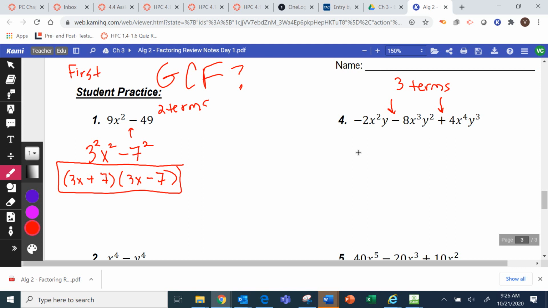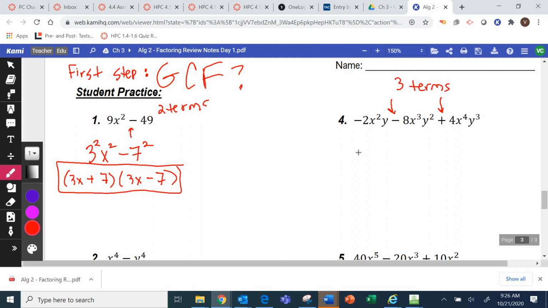Already did that. I wrote the words first step right in front of it.